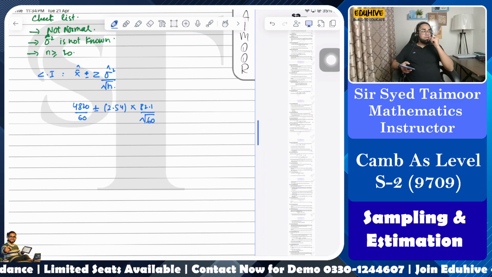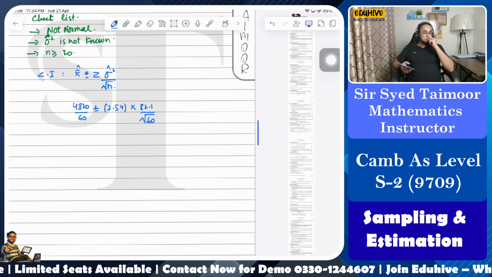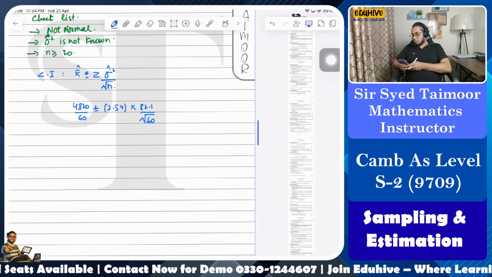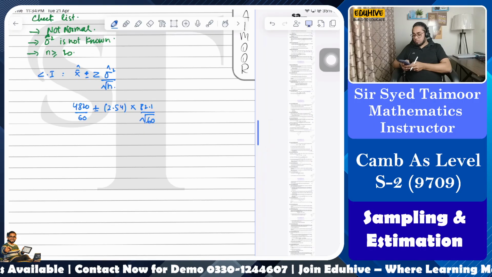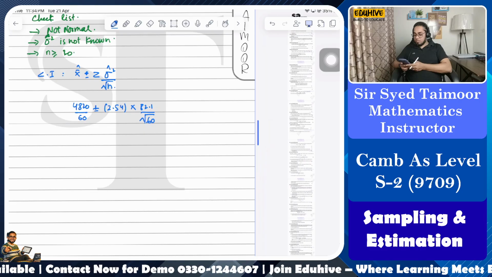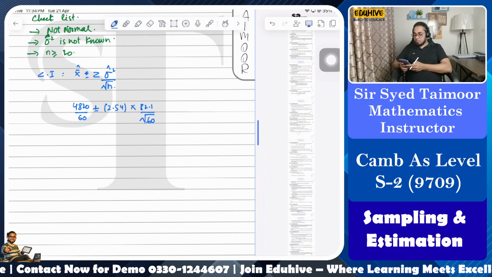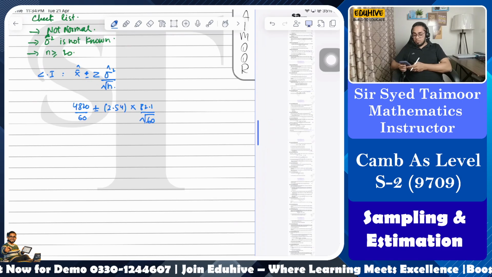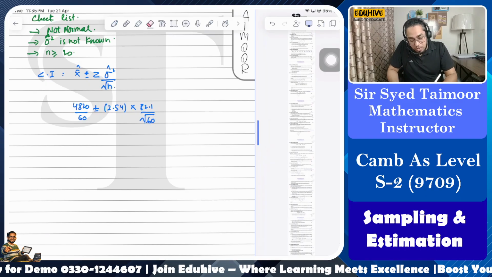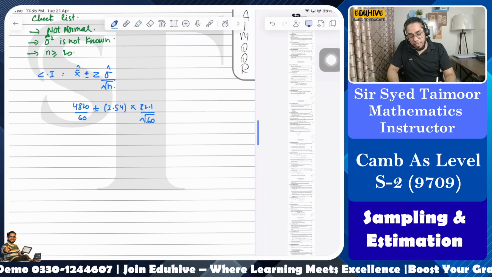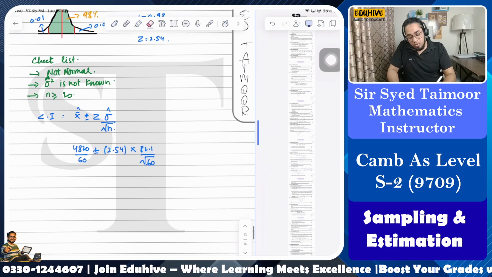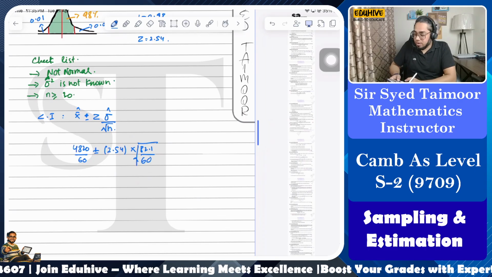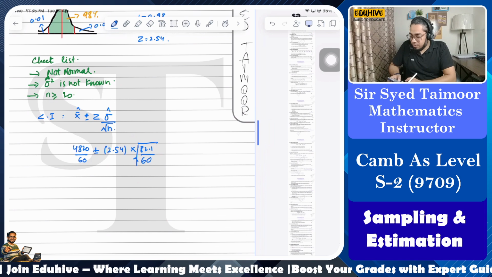What was the 99% confidence interval value? That was a sigma, no? Not a sigma square. What I'm doing? We calculated. Oh, I was getting a large value of mean.